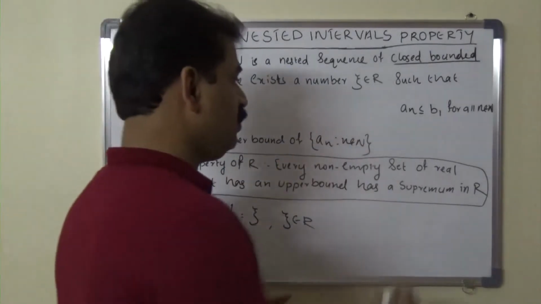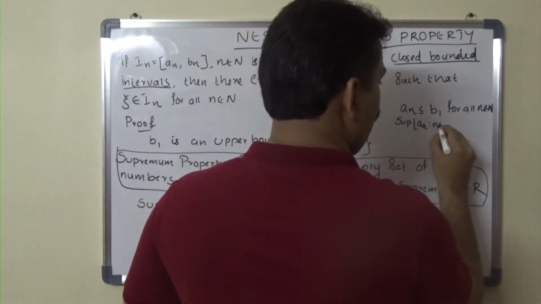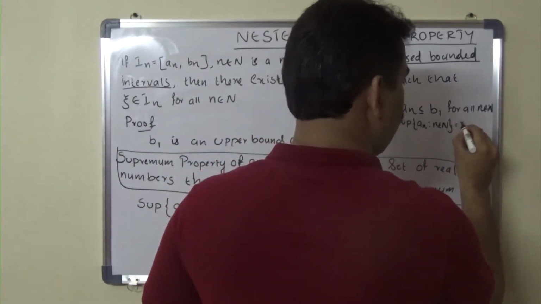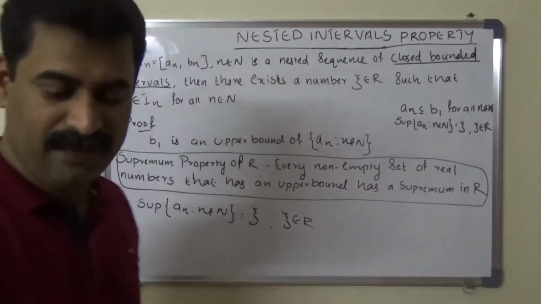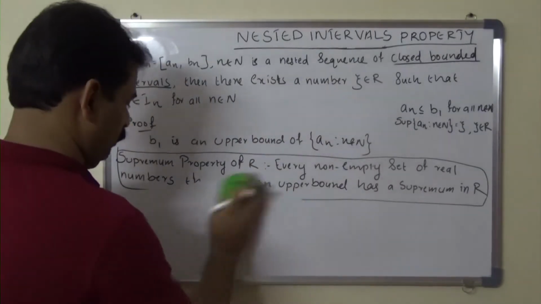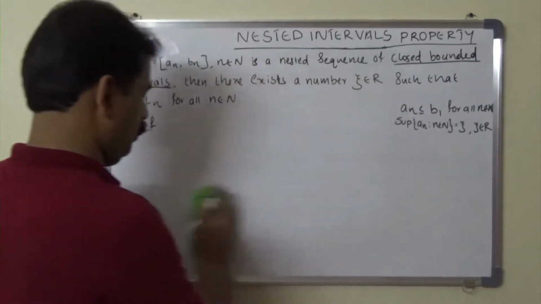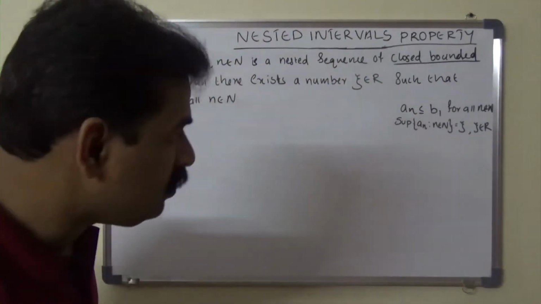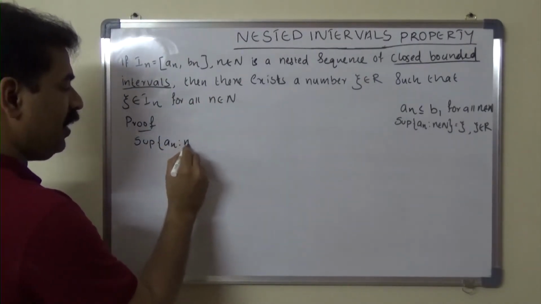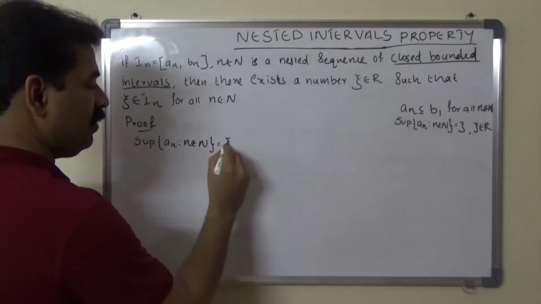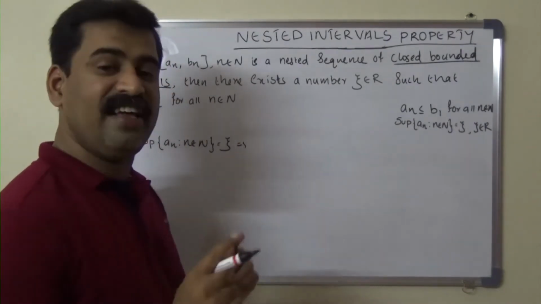Clear? So we can write the supremum of the set of all an such that n belongs to capital N equals psi, where psi is a real number. Psi belongs to R. Clear? That means supremum means least upper bound.